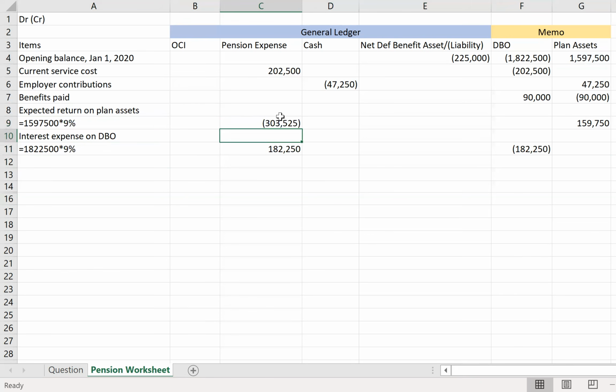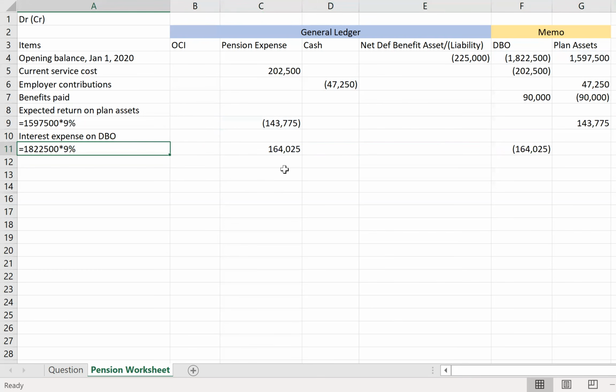Oops, that's 9. Okay, so then this is going to be negative this, and this is going to be negative this. Okay, sorry, we fixed that up. We've still got all the right amounts.